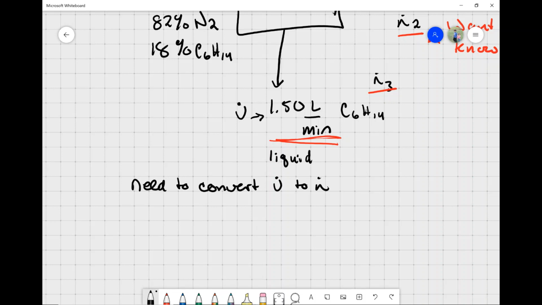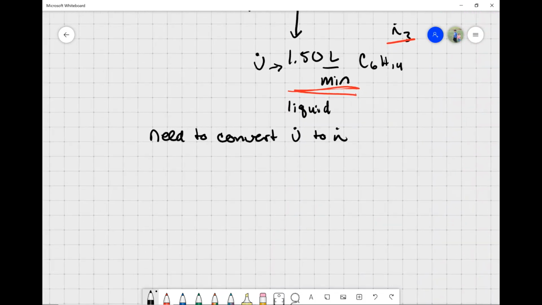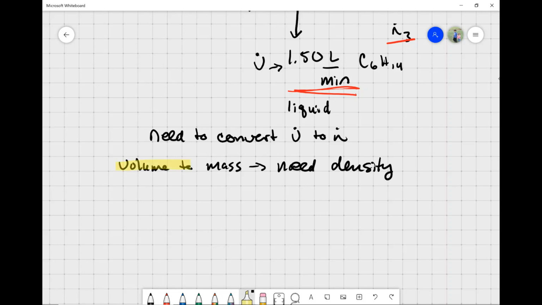If you remember from converting this stuff, to go from volume to moles, you need to go through mass. So let me write this out so it makes more sense. To go from volume to mass, you need density. We talked about it in a past lecture.